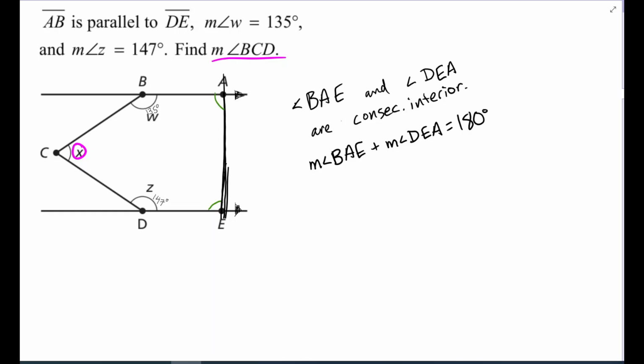Well, how does that help us? You remember the idea that all interior angles in a triangle add up to 180 degrees. The same thing applies to all polygons in the sense that if you take the number of sides and you subtract 2 and multiply that by 180, that gives you the sum of all interior angles.